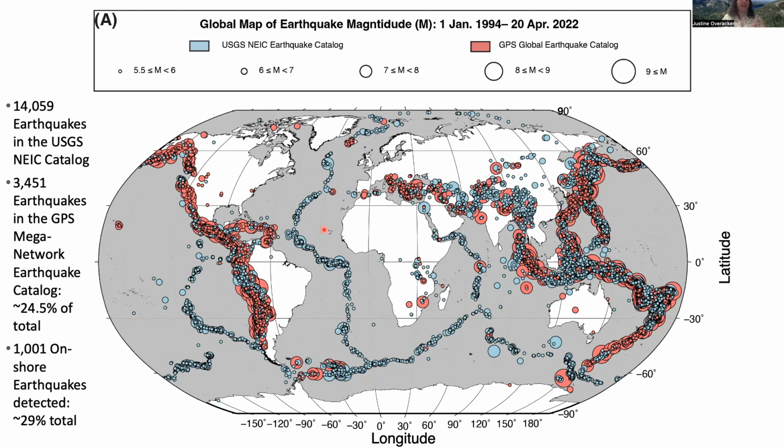And those are all smaller magnitude earthquakes. So it's not necessarily going to reach shore where the GPS stations are. And if you're curious how the mega network detects earthquakes only originating onshore, that number improves to 29%.